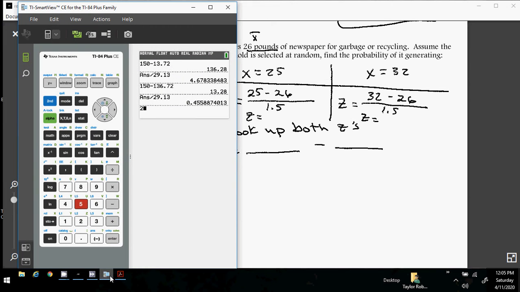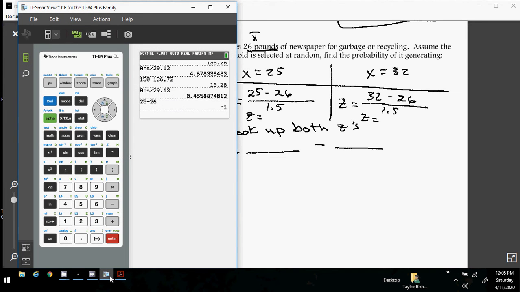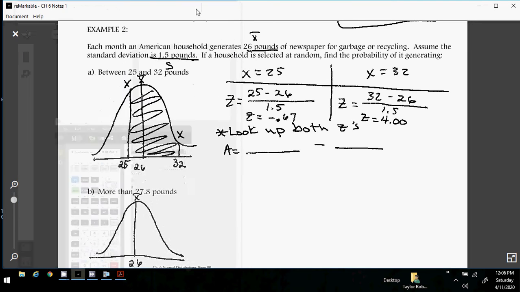We're going to do 25 minus 26 divided by 1.5. I get negative 0.67. So that's one of them. And then I'm going to do 32 minus 26 divided by 1.5. And that gives me 4. We can add decimal places if we want to make it 4.00.